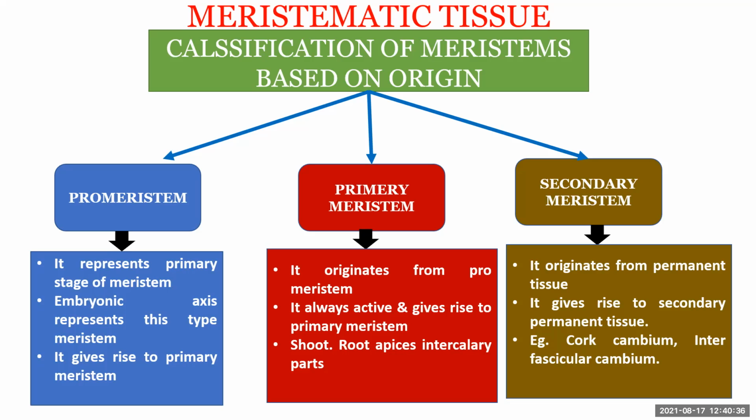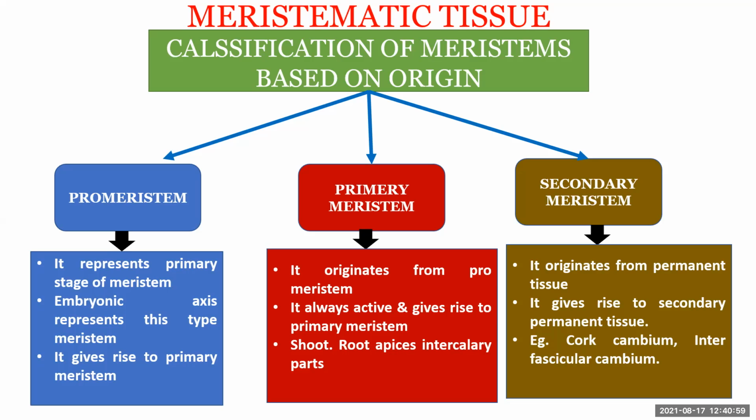Permanent tissue has different functions. Chlorenchyma performs photosynthesis. Colorless parenchymatous tissue stores the food materials. Epidermal tissue is used for protection.